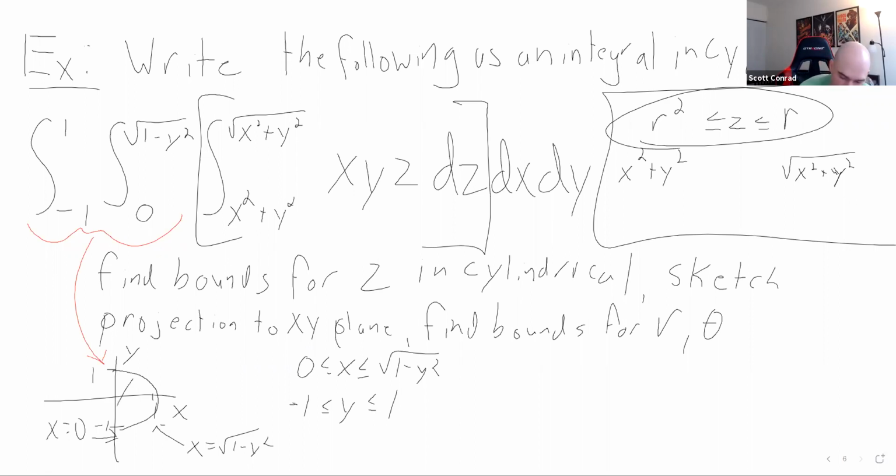And so we get the entire right half of the circle. Does everyone see that? So if y had gone from 0 to 1, we'd only get like the top half, or from like -1 to 0, we'd get the bottom half. But it goes from -1 to 1, so we get the entire right half of the disk.